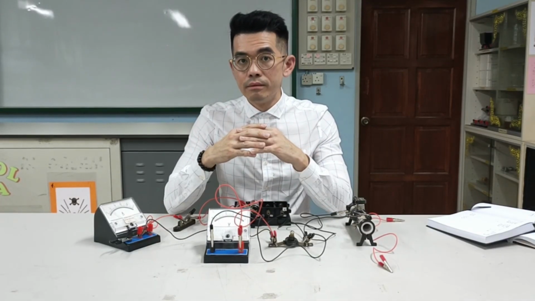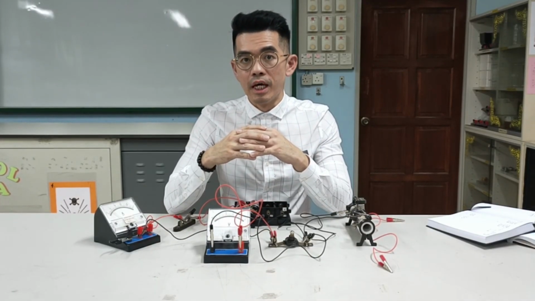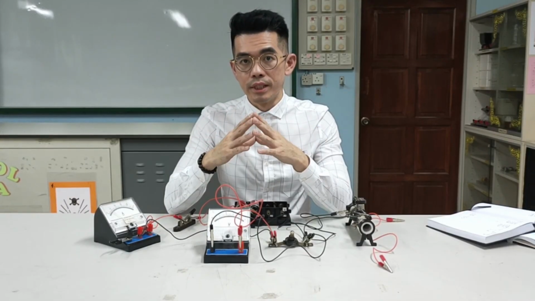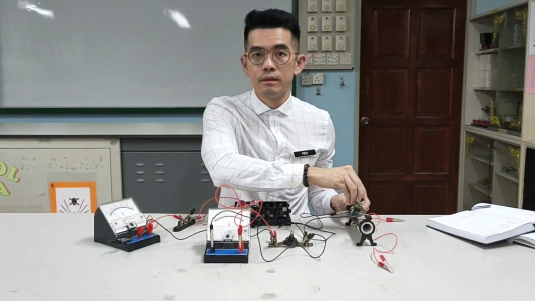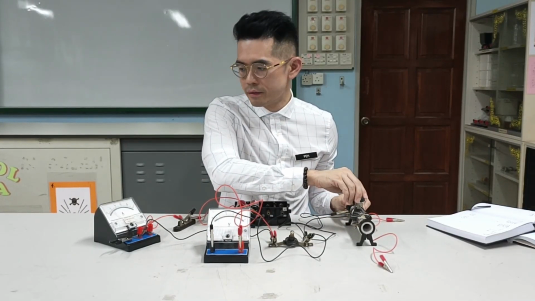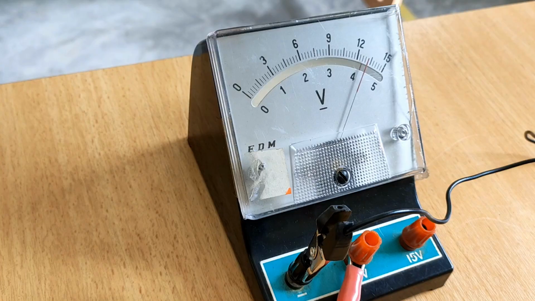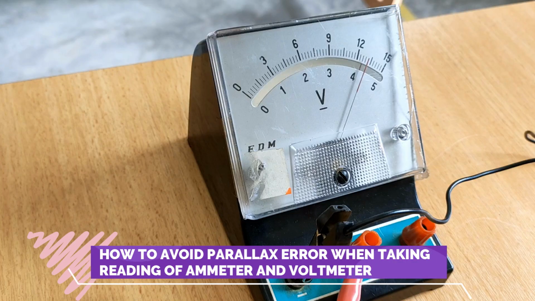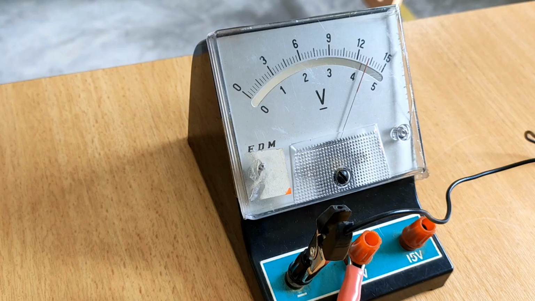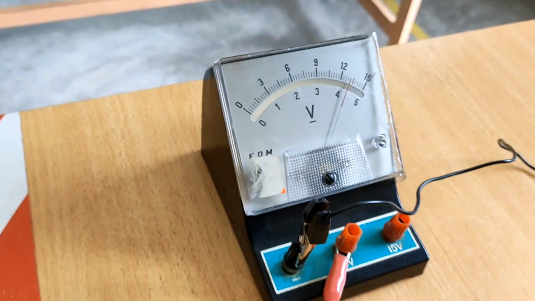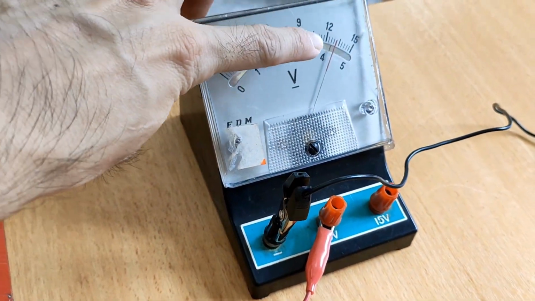So now we can start measuring from our first reading, which is 0.06, by adjusting the rheostat to the left and right. This is a close-up view for taking a reading on a voltmeter. You can see an image is formed on the mirror strip. Therefore, parallax error occurs.